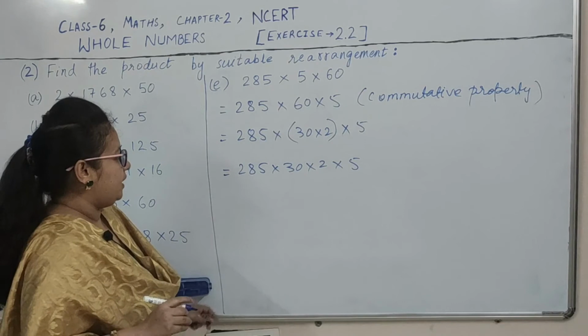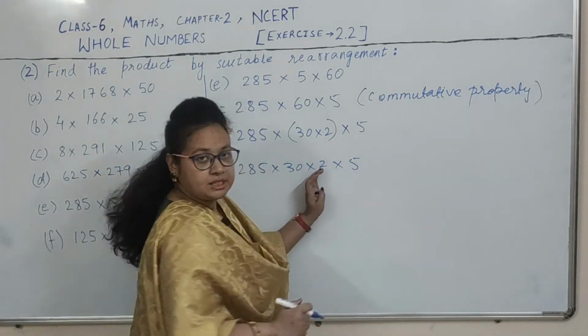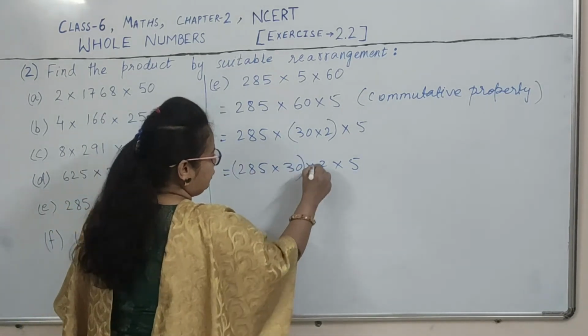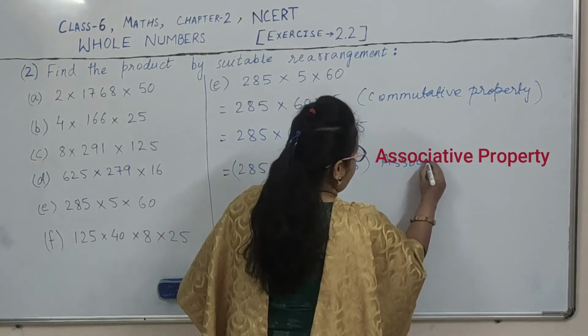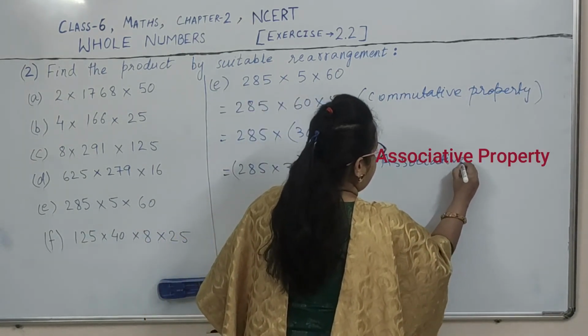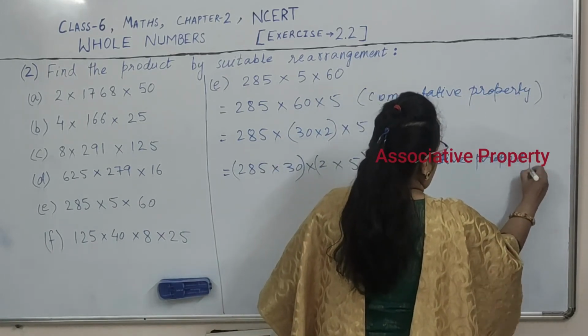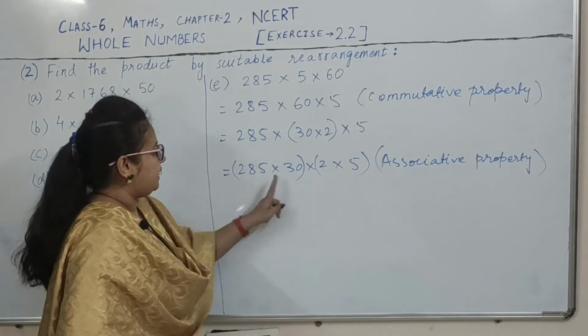Okay, what we will do now, we will associate these two numbers and we will associate these two numbers. Okay, so here we will make use of the associative property. So this is the associative property.